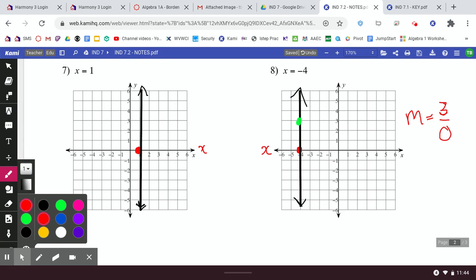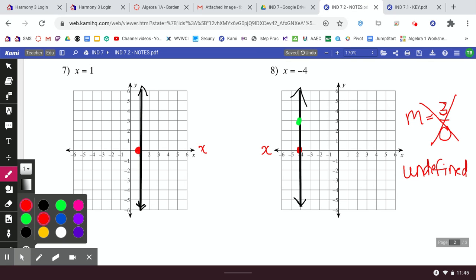Can you have a 0 in math in the bottom? That's a big math foul. Do you remember what we called this last week when there was a 0 in the bottom of a fraction? You're looking at me like I'm crazy. Undefined. You cannot have a 0 in the bottom of a fraction in math.